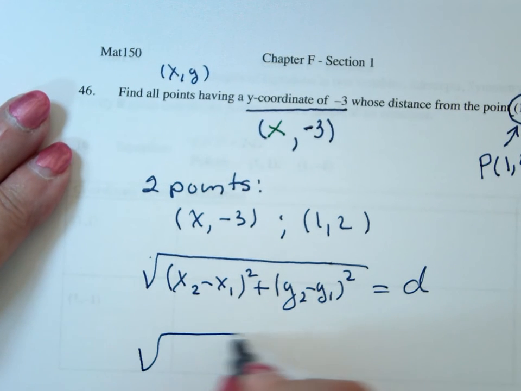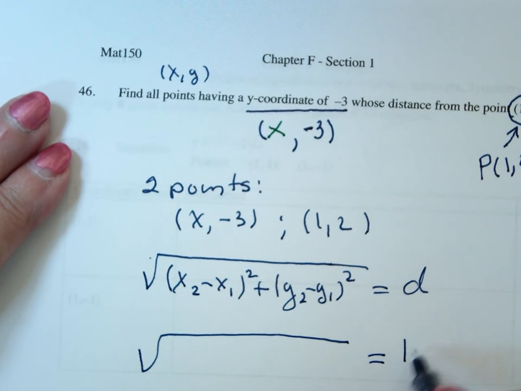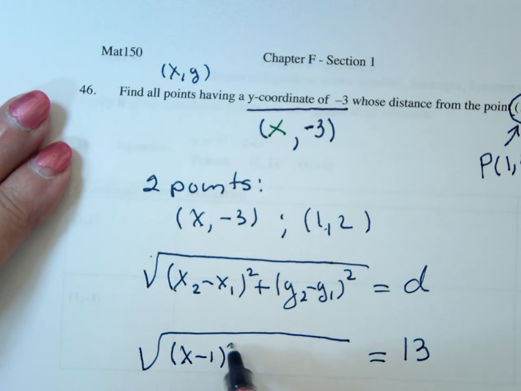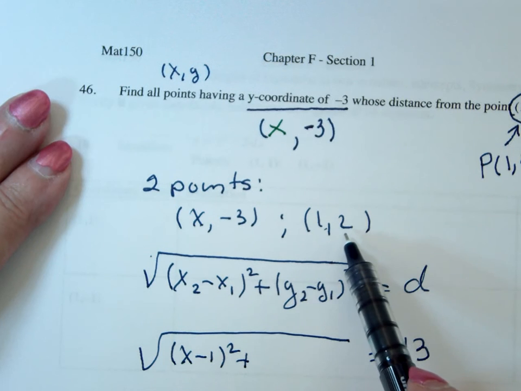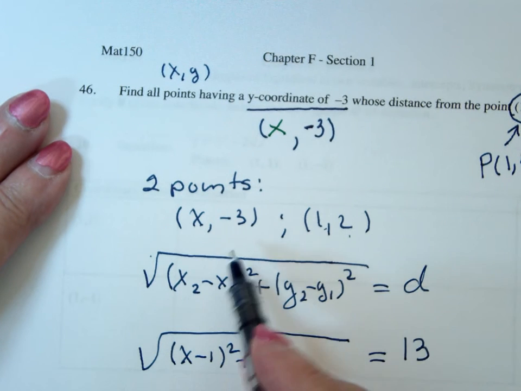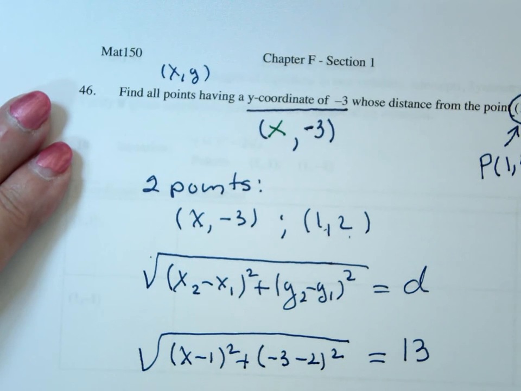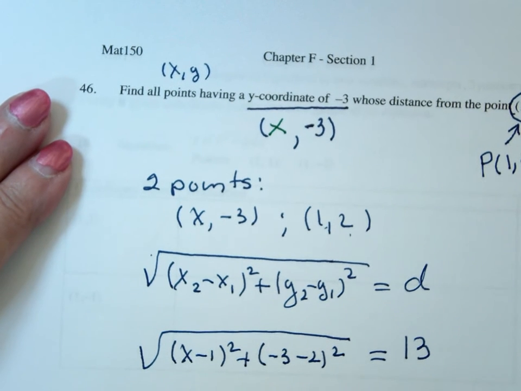So now, using the distance formula and filling in the blanks, I'm given that d is 13. I've got x minus 1. I have y minus 2, or -3 minus 2. So subtract the x's and square them. Subtract the y's and square them.